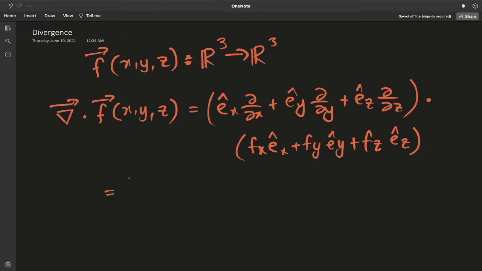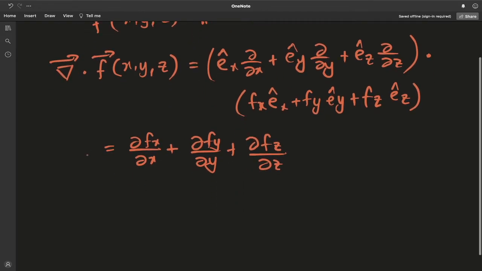Now the dot product yields partial f_x over dx plus partial f_y over dy plus partial f_z over dz, and this is a scalar.